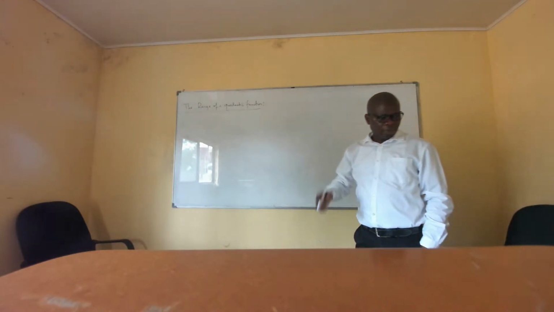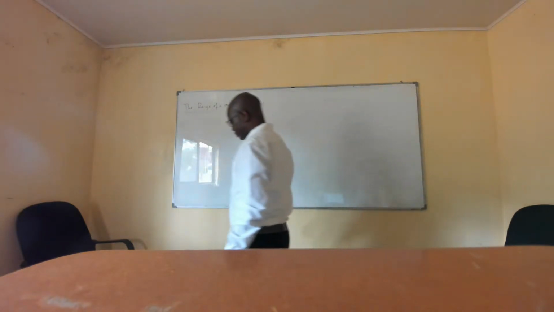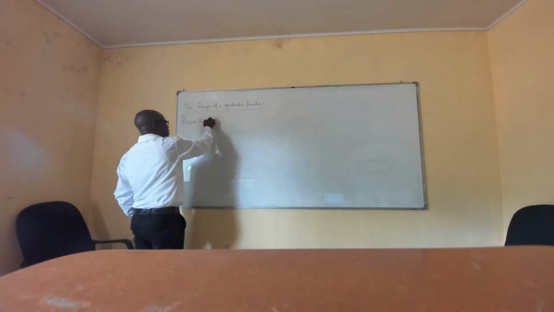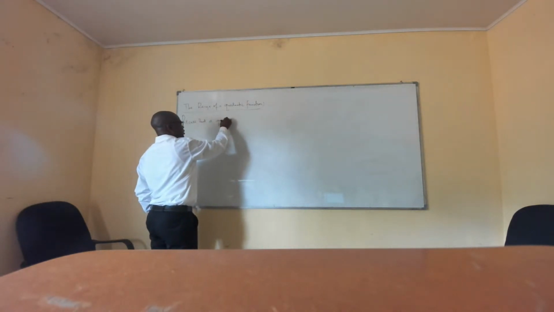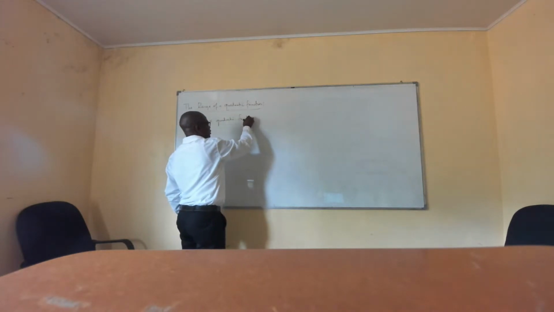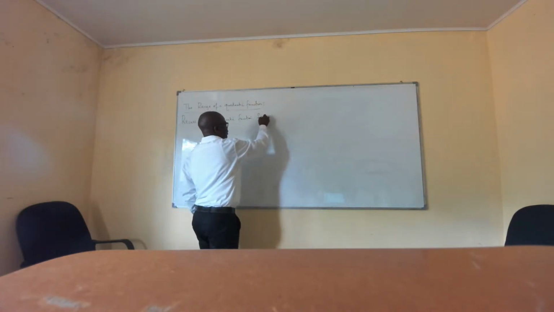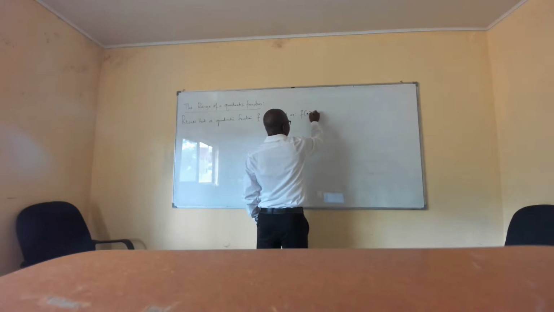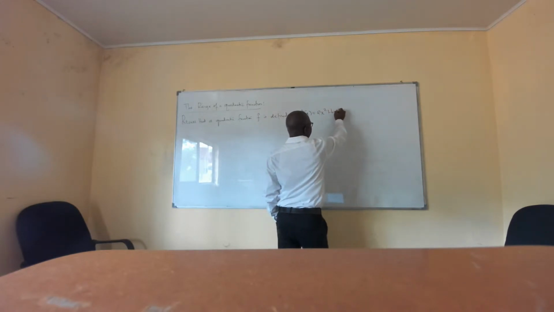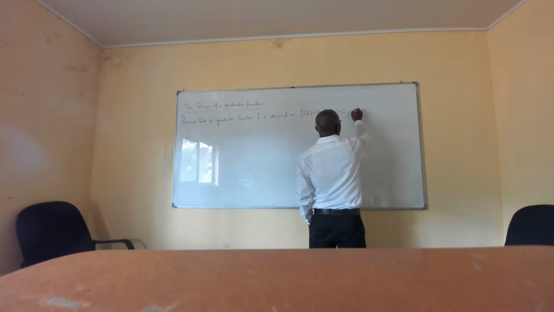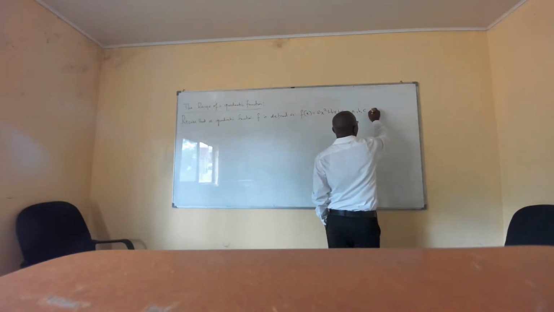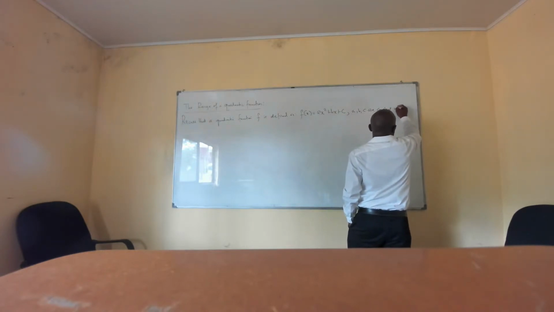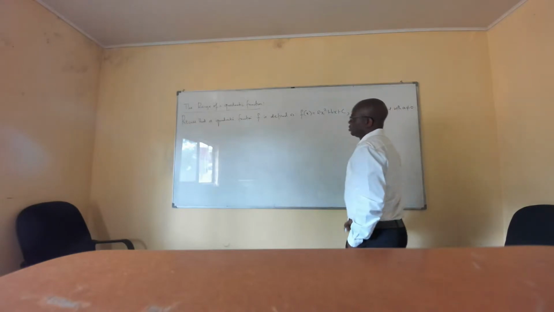So we can utilize the discriminant. Recall that a quadratic function f is defined as f of x equals ax squared plus bx plus c, where a, b, c are constants with the leading coefficient not 0.